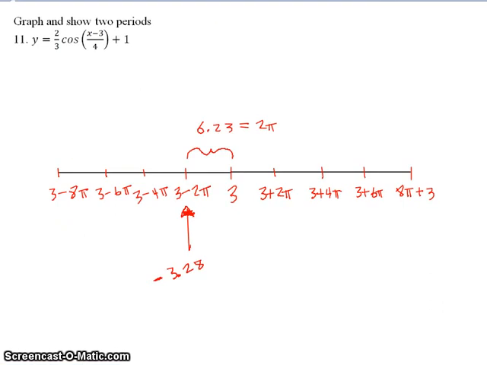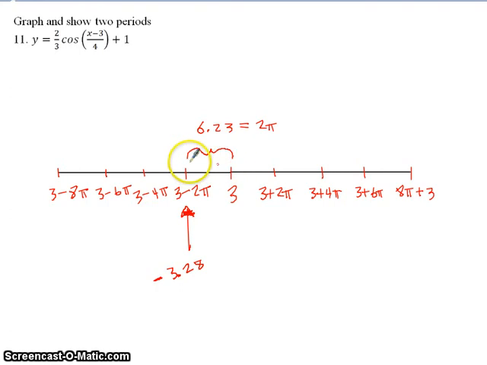Okay guys, I got some different things going on here. I added on to the axis going to the left, and here I've shown you that I basically went from 3 and I subtracted 2 pi going in the opposite direction. And I'm showing you the length of each interval is 2 pi, and that's equal to approximately 6.23.